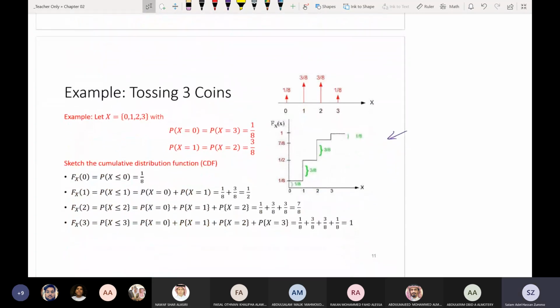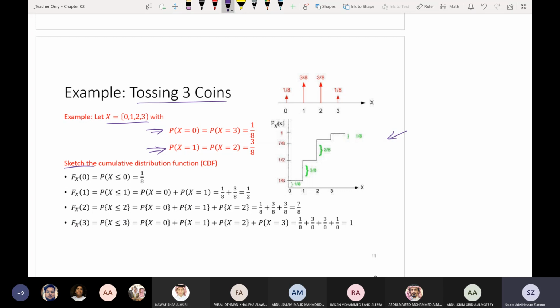Okay, so now let's talk about the function and how to plot it. So we know this is tossing 3 coins and counting the number of heads. So we have X equal 0, 1, 2, 3. These are the values that X can take. And these are the probabilities of these values. Probability of X equals 0 equals probability of X equals 3 equals 1/8, and so on. We have done this before.